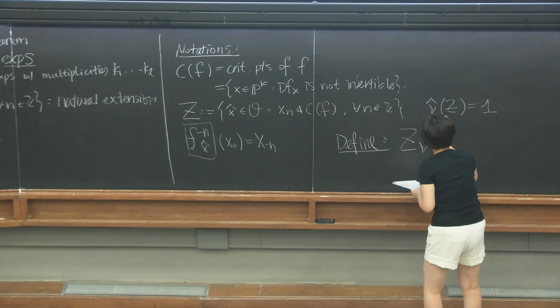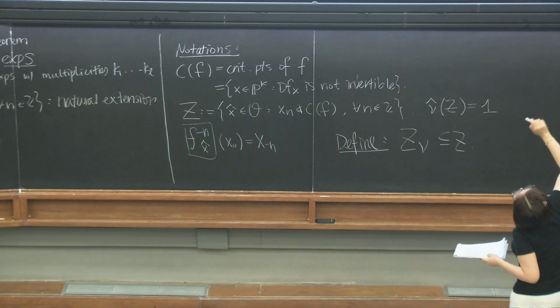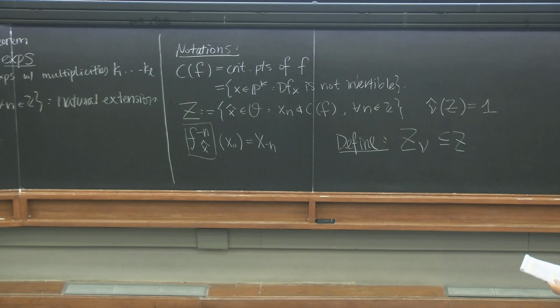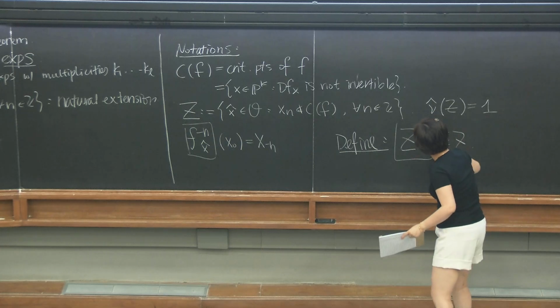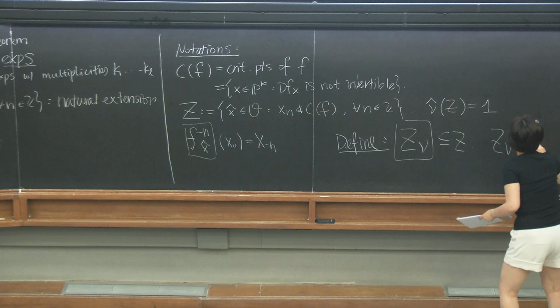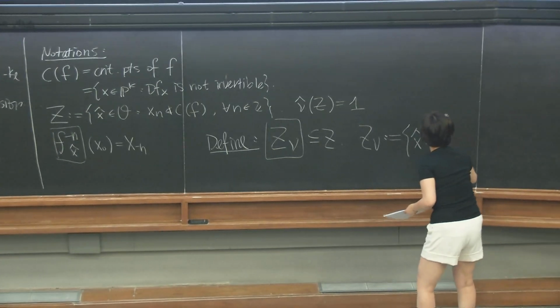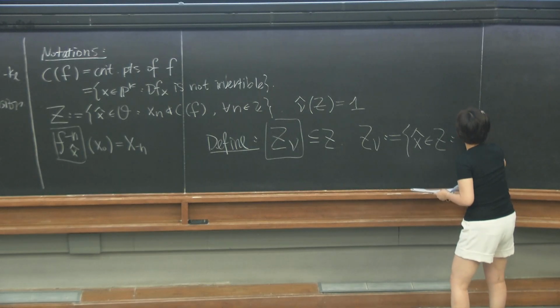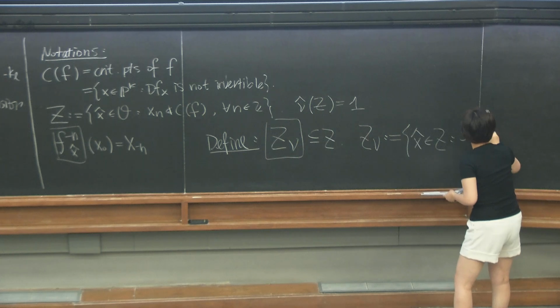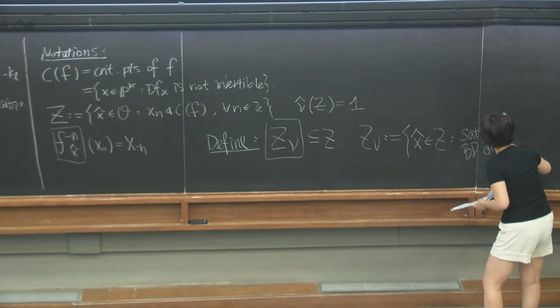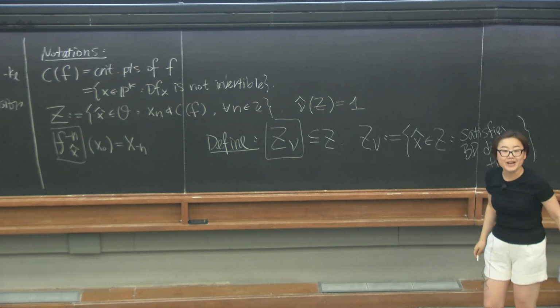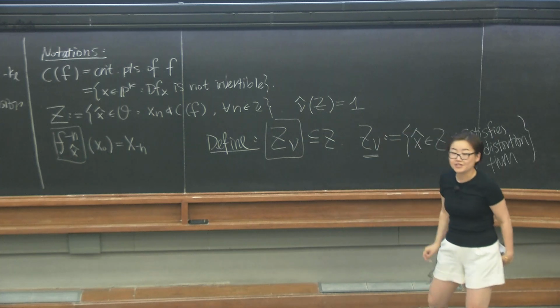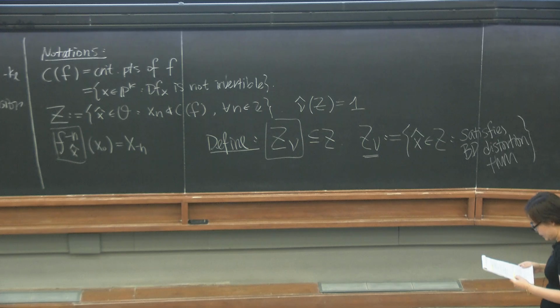This is a subset of Z. If you look at the statement, there's nu hat almost every x hat in Z. So this Z sub nu is the collection of x hat in Z that satisfies the Berthelot-Dupont distortion theorem. Why? Because we can only do estimates in this full measure set, because that's where the theorem says.